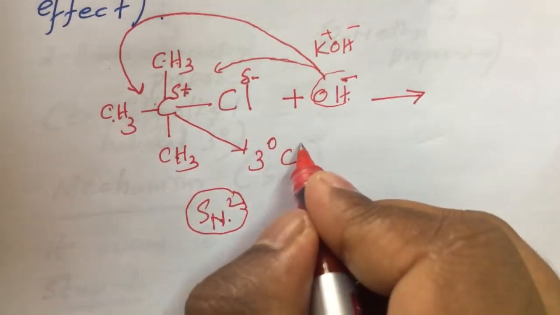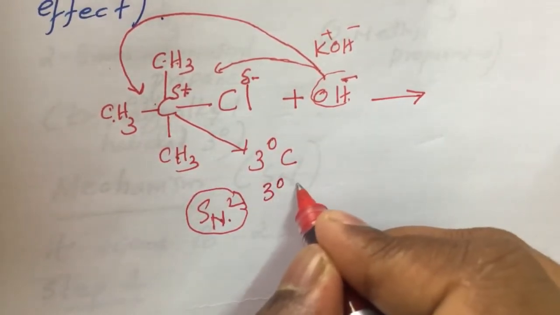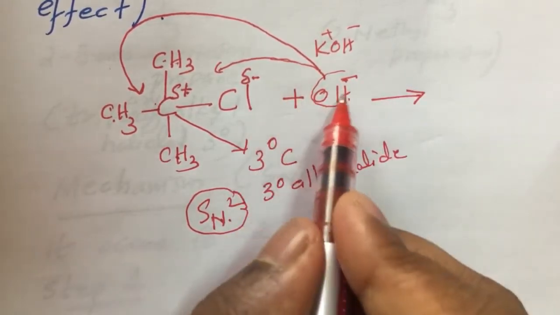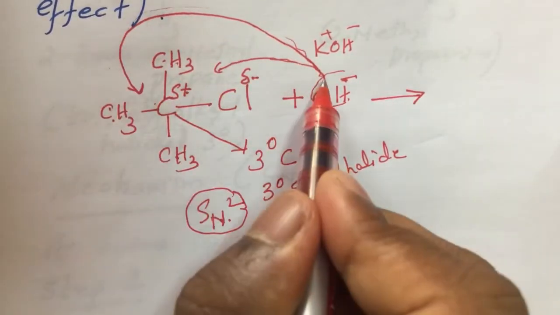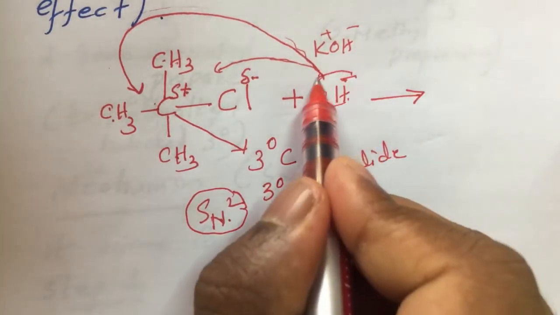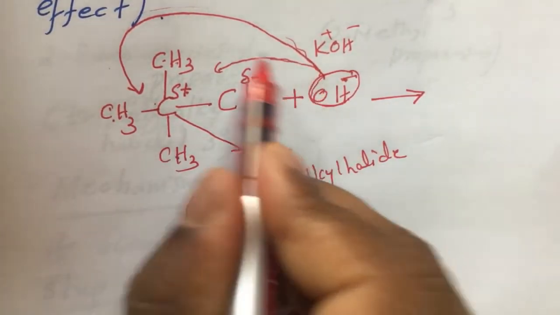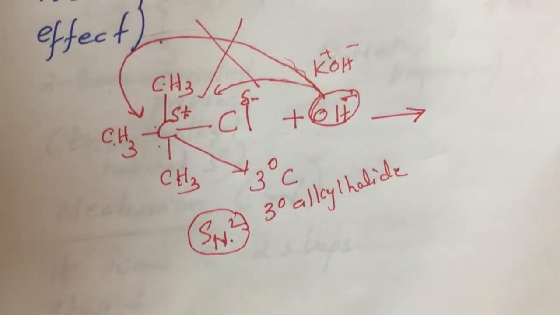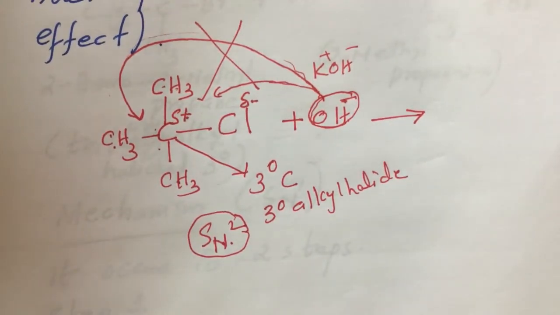But in the case of tertiary alkyl halides, backside attack or front side attack of the OH minus nucleophile to the alkyl halide is not possible. Why is it not possible?